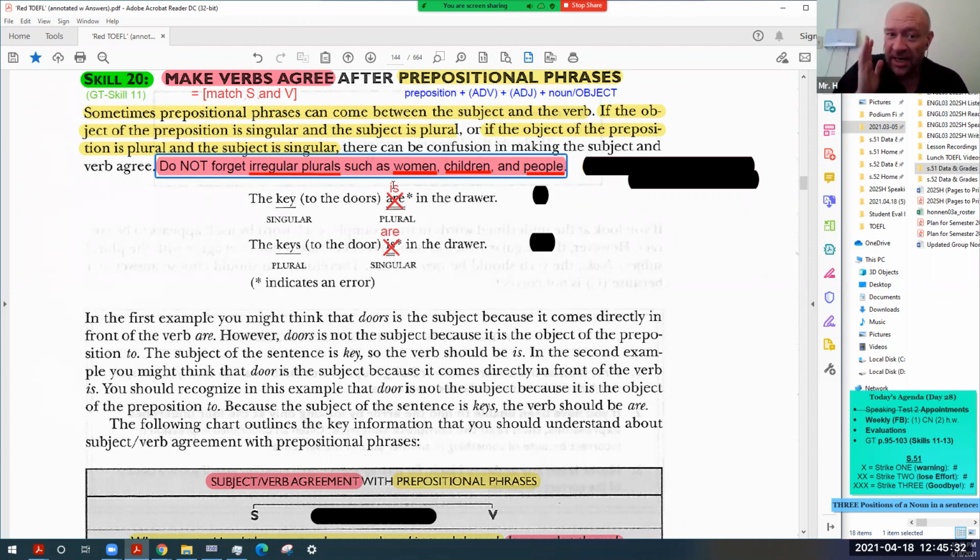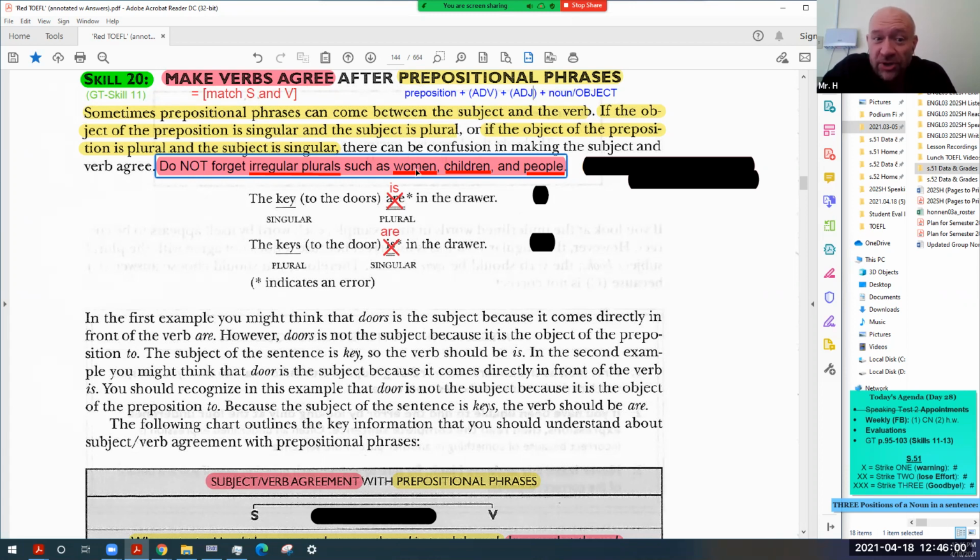The TOEFL gives you very difficult examples. They will give you irregular nouns, irregular plurals, irregular verbs. They like to give you hard questions. You understand? So you have to remember women.